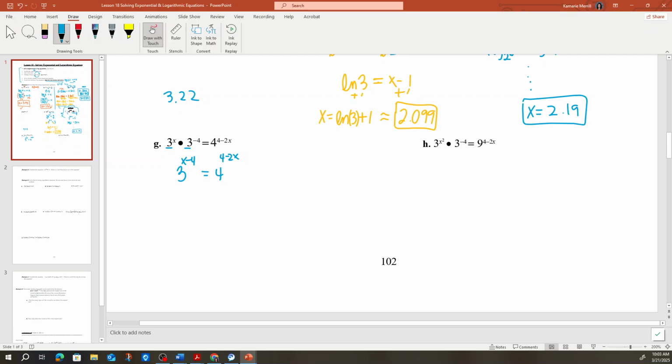Does that make sense to everybody? Now, these bases aren't the same, so we're back to doing what? Our ugly one like before. This is just like that. I actually said that one C would be our worst. I'm kind of a liar.